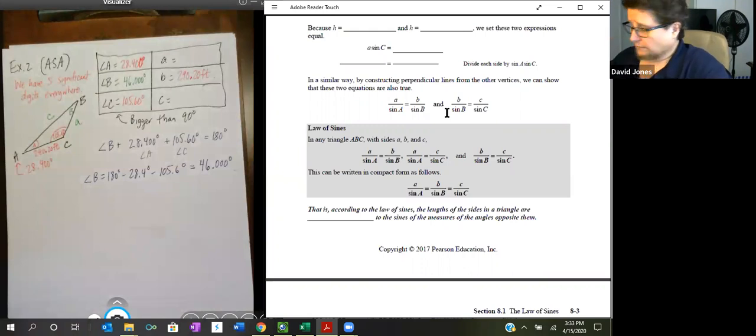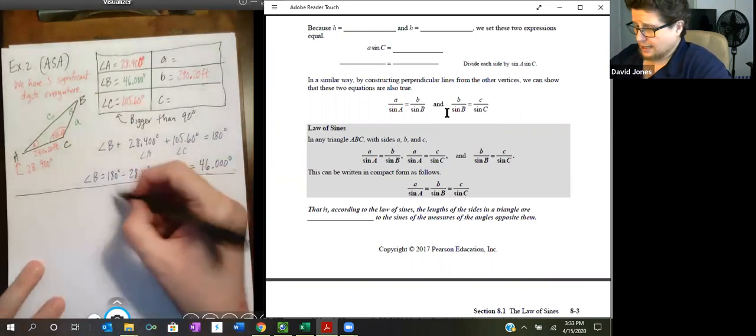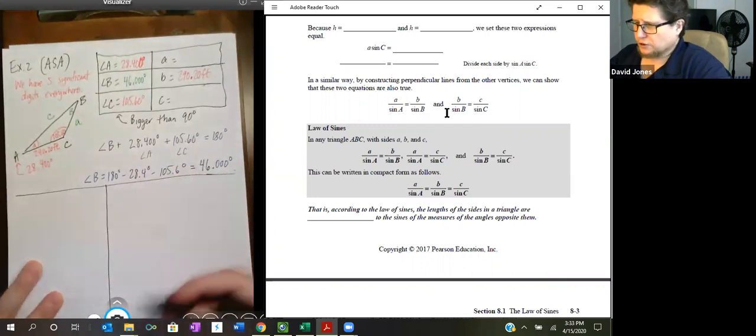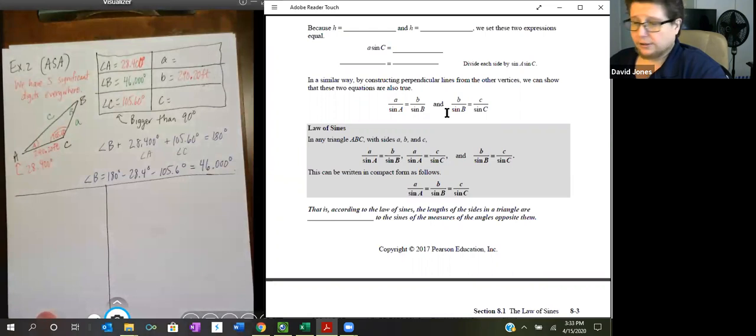So let's find A and C. For A, I have to use side B and sine B in both.